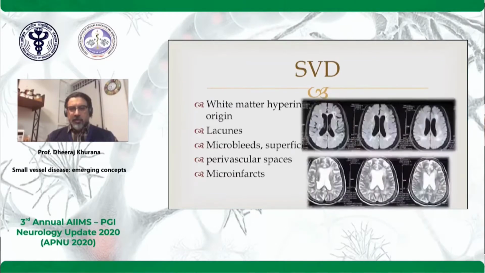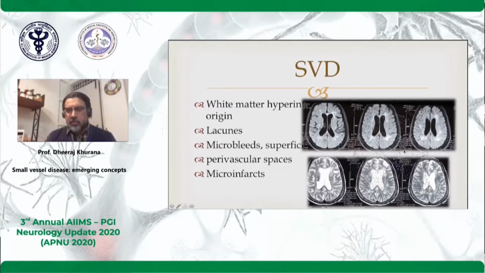So, for example, in this very characteristic MRI, which is a commonly seen finding in a lot of our patients, small vessel disease would be seen as microinfarcts, lacunes, and maybe not very clearly seen, linear hyperintensities.